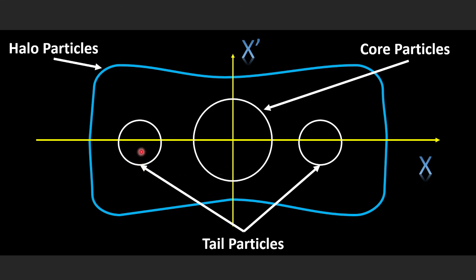The next one is this part, this region, and both of them are symmetrically aligned with respect to the central part, and they represent the tail particle oscillations. Finally, this big region that surrounds my tail particles and the core particles is formed by the halo particles in the beam. So if you observe these kinds of oscillations that surround both the tail particles and the core particles, those will be our halo particles.